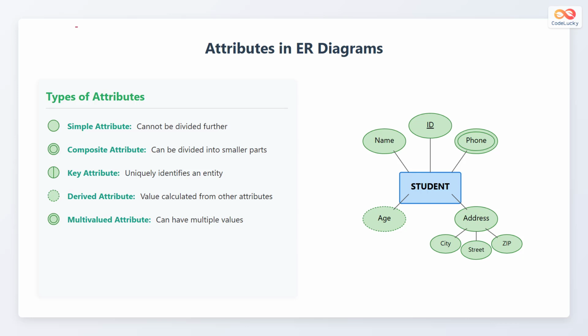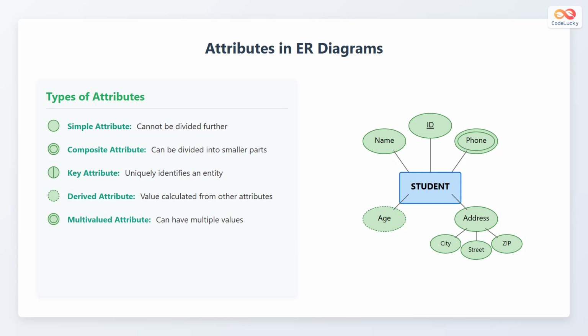Now let's discuss attributes. Attributes are properties or characteristics that describe an entity. They provide details about the entities in our database. There are several types of attributes, including simple, composite, key, derived, and multi-valued attributes. A simple attribute cannot be divided further, such as an age.